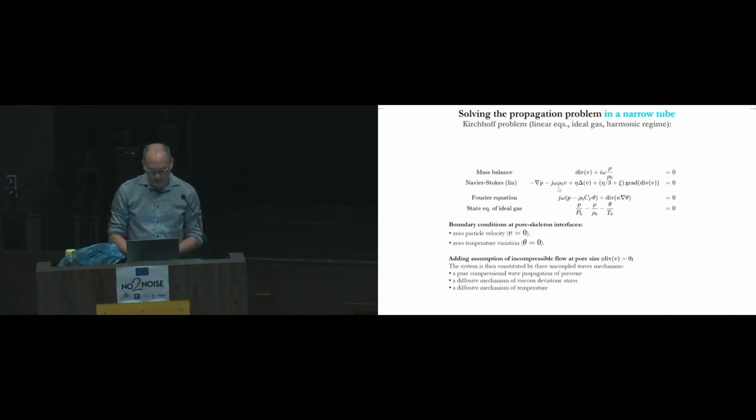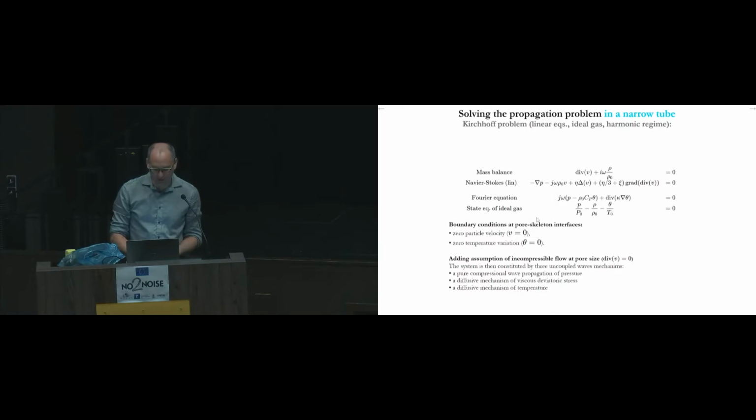So here we have the Navier-Stokes equations. This is a linear version of the Navier-Stokes equation. For the temperature, because every time we have compression and dilatation, we also have a wave for temperature, we need to take into account the equation of temperature, which is the Fourier equation.